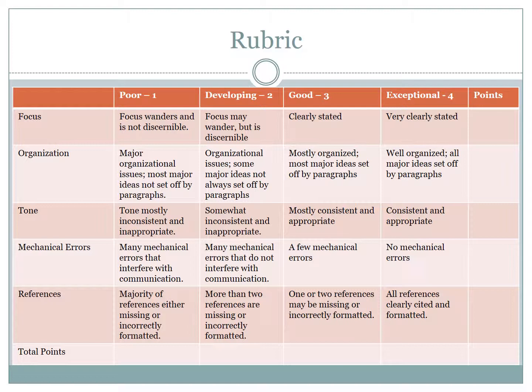And it's a good idea to assign some type of point value to them. So for example, a paper that had a poor focus would be that the focus wanders and is not discernible. A paper with an exceptional focus would be clearly stated. And the points total column at the end on the right just allows you to assign the points. The bottom row allows you to add up.